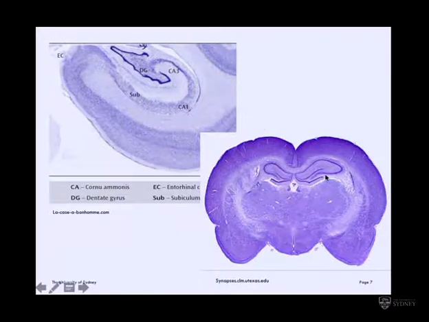This is in a rodent, a rat or a mouse. And what's really nice is the cytoarchitecture of these cells. There are very different cells, and that's why these structures have very different names, because the cells in these different regions appear different, and they have very distinct functions, which we will not go into.